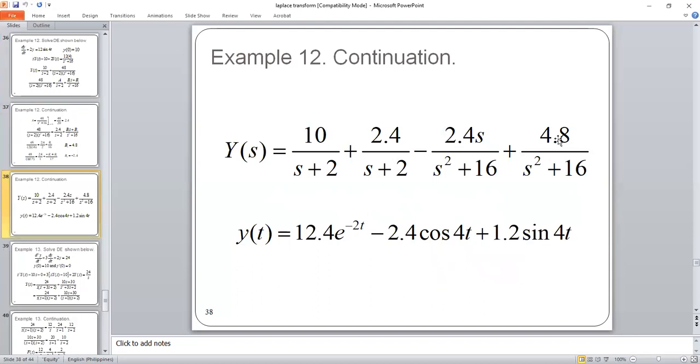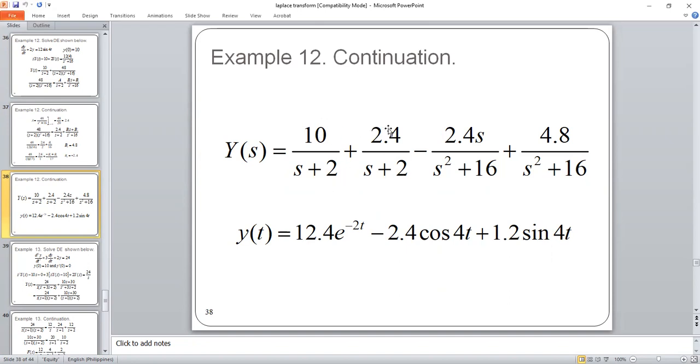If you factor out 4 from 4.8, that would be 1.2. That is why you are only left with 1.2 sine of 4t for this one, because you use the 4. That way you can have the complete function of s for the sine of 4t. For these two, since they have the same denominator, you need to combine.